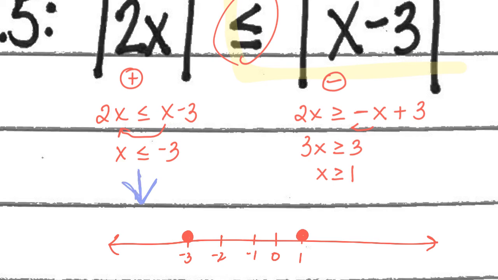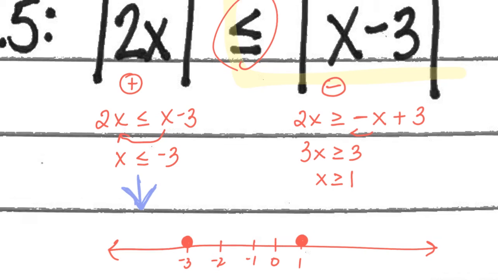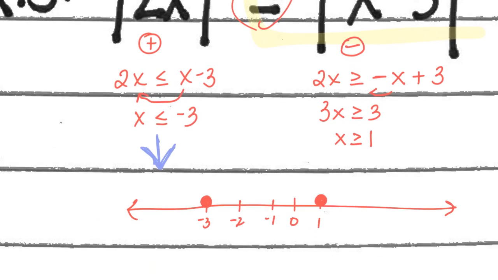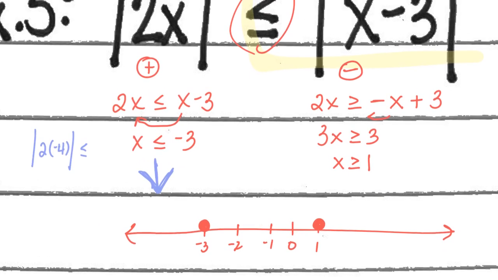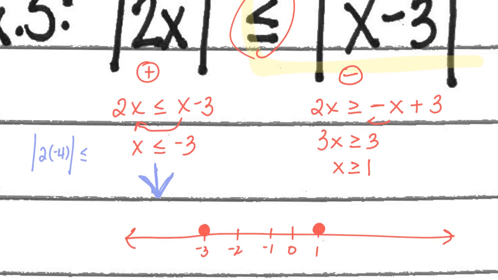Actually, I'll put an arrow. What number is less than -3? Good, -4. So over here, I'm going to take -4 and plug it in. |2 times -4| is less than or equal to, and let me pull this back down here, we are plugging it back into the original, |-4 - 3|.